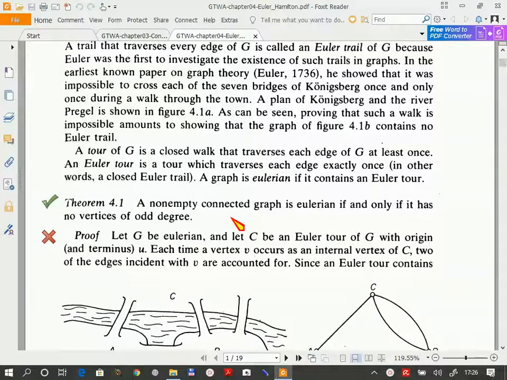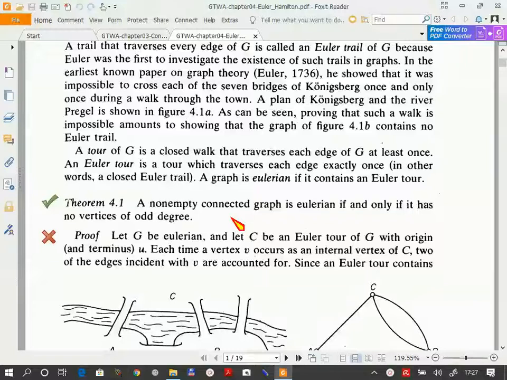Just by thinking that you start the tour at any vertex, and then you enter another vertex. Since the degree is even, surely there is at least one edge to go out of that vertex.